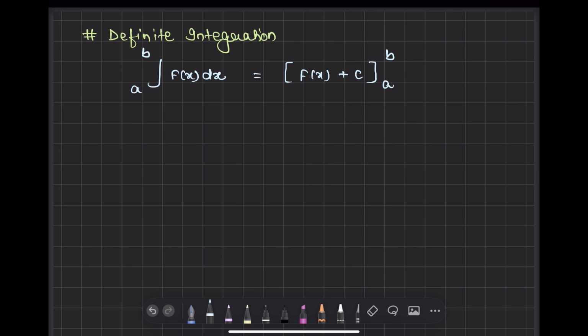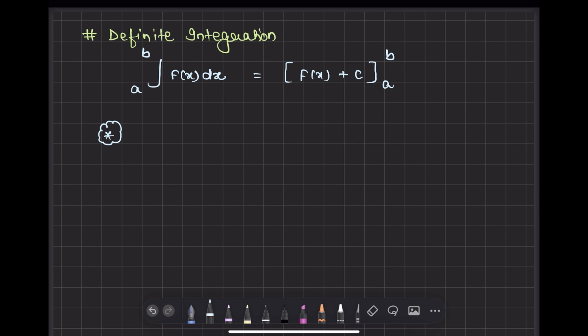Now try to understand what definite integration gives us. The definite integration gives us area under the curve. You may get confused: sir, we have studied area under the curve and we have studied a little bit of definite integration, and you are saying that definite integration provides us area under the curve.